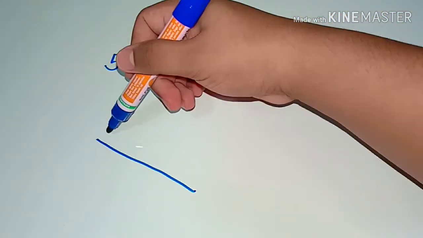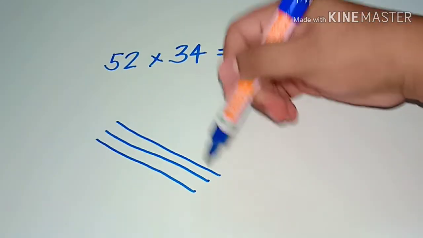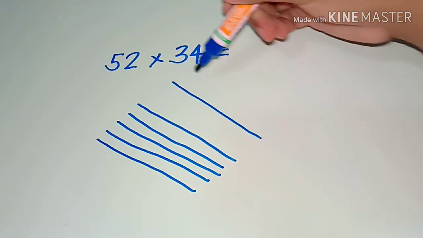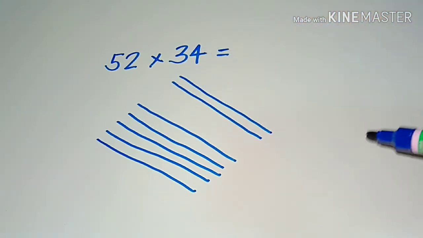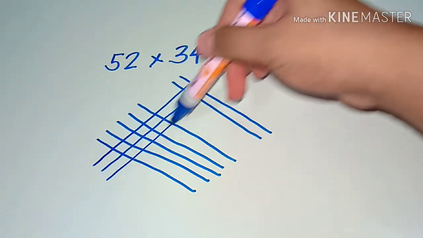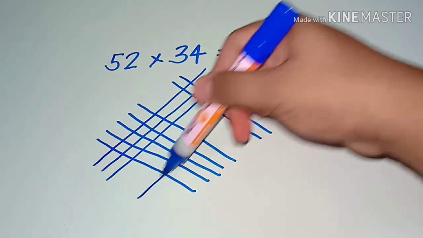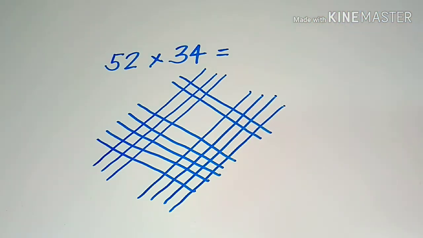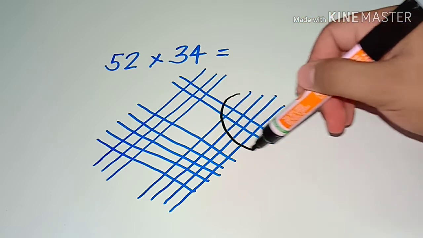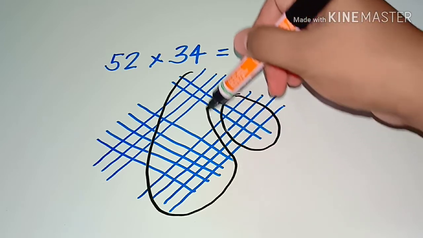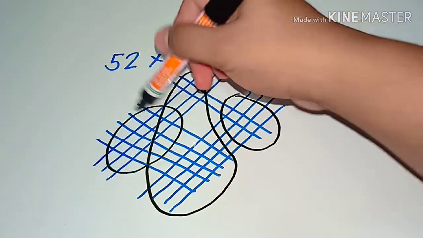So 1, 2, 3, 4, 5, and then 2, 1, 2, and then for 34, 1, 2, 3, and you also have 4. 1, 2, 3, 4. Then after that, you just count the points here for the ones place. This one for the tens, and this one for the hundreds.